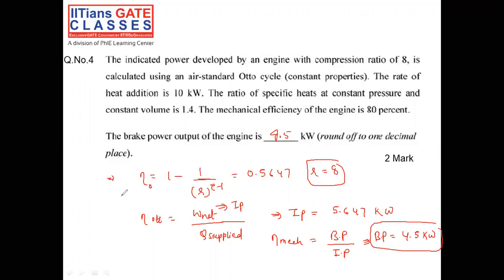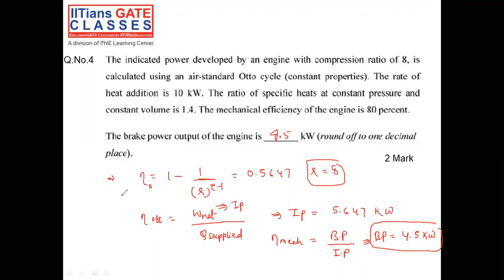Now you are thinking, what is the difference between indicated power and brake power? Indicated power is nothing but the power which is actually generated. The brake power is nothing but the power which is available at the output shaft of the engine, the shaft through which the vehicle is going to rotate.